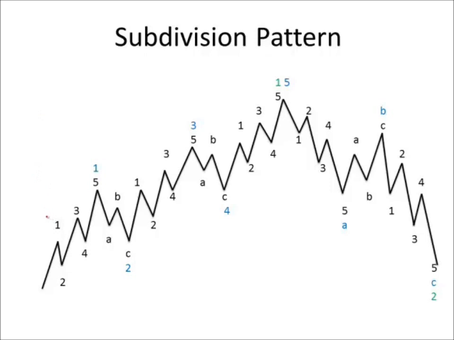Whenever we have a label in black, that represents the very short-term wave sequence. Blue represents a slightly longer-term wave sequence, equivalent to the wave sequence we saw in the first slide. And green, of which there are just 2, one here and one down here, represents an even longer wave sequence.